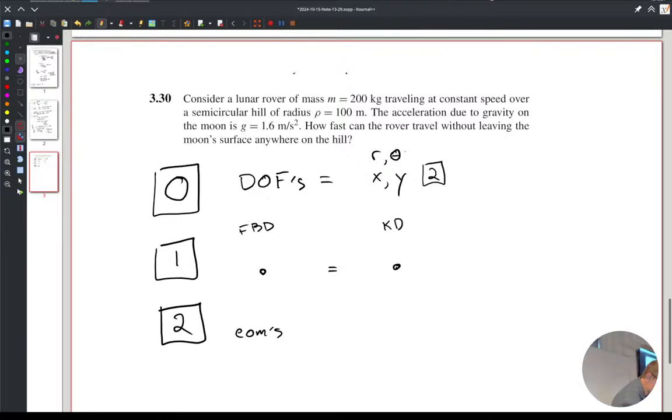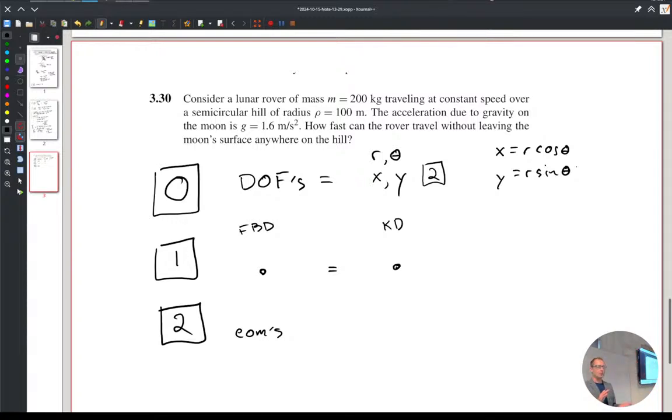If we use R theta, don't we then get 3 degrees of freedom? R is a function of X and Y, but it's dependent, right? So we could say X is R cosine theta and Y is R sine theta.